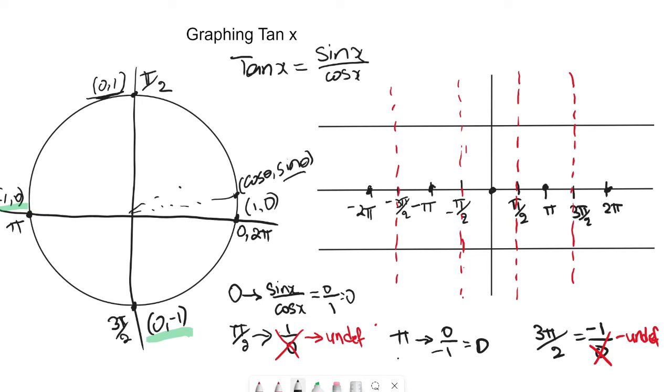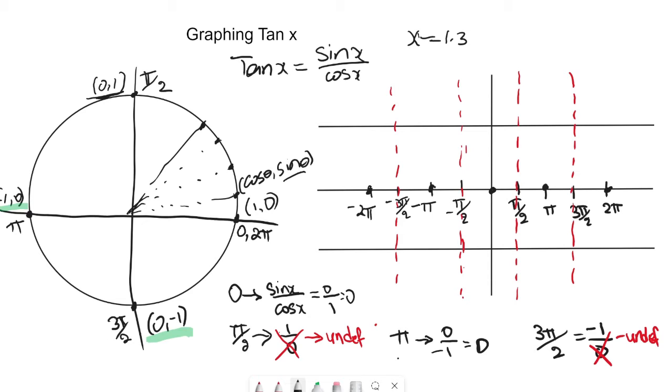Of course, we highlight a few, like pi over 6 and pi over 4, but there are other values on the unit circle. So if we were to fill this in, let's say x is 1.3.